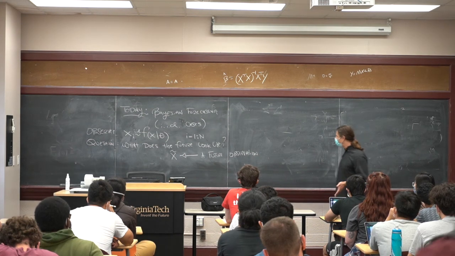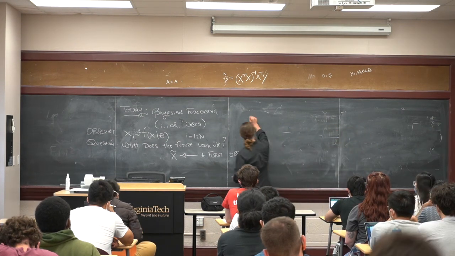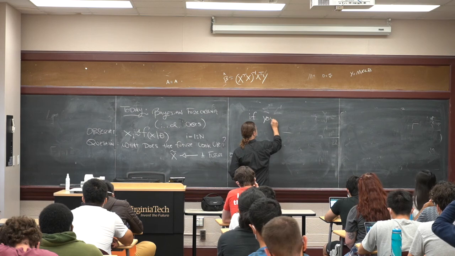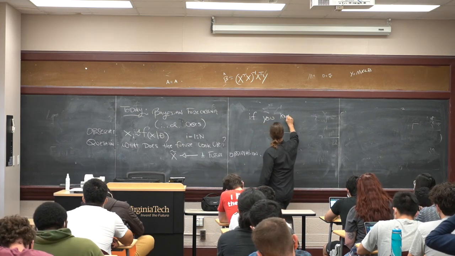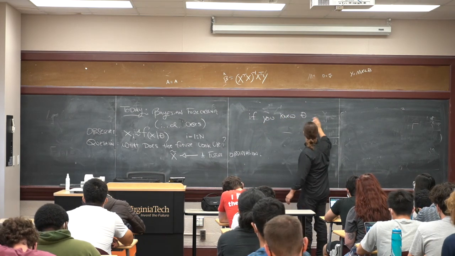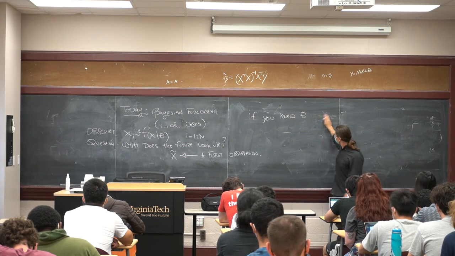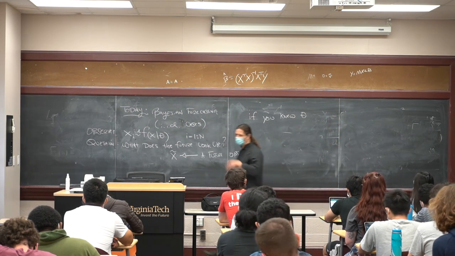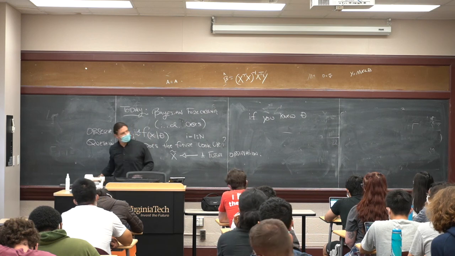How does Bayesian go about it? If you knew theta, and this could be multi-dimensional. So if you have a normal distribution, it might be the mean and the variance or something like that.